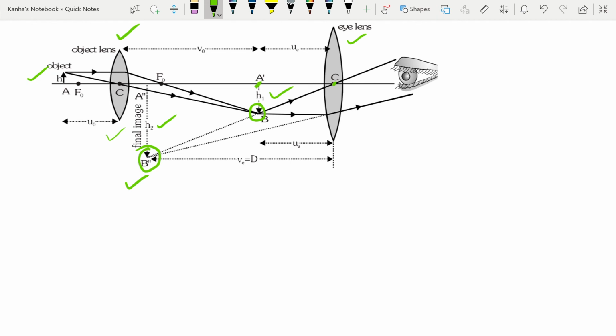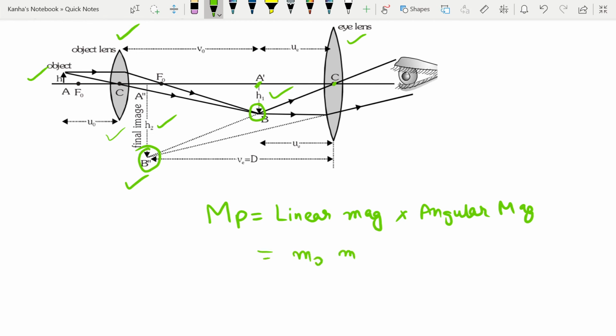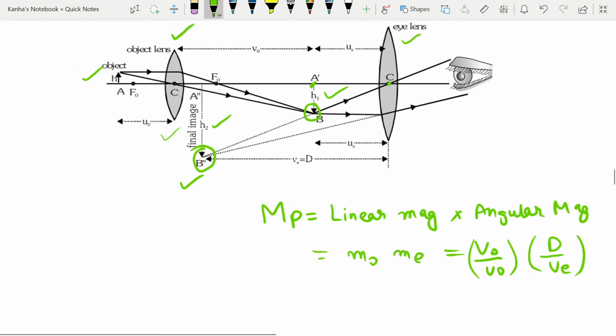So my magnification power is equal to linear magnification into my angular magnification, which is nothing but, let's say, m naught into m e, is equal to v naught by u naught into d by u e, where o represents the objective and e represents the eyepiece.